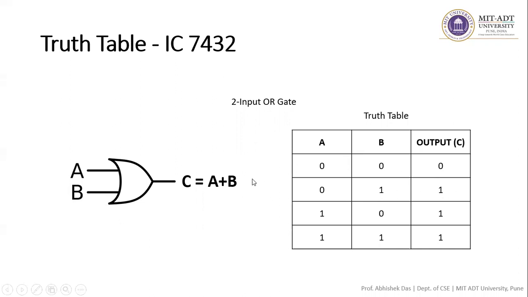Over here we are simply adding the two inputs. So 0 plus 0 we get 0, 0 plus 1 we get 1, 1 plus 0 we get 1, and 1 plus 1 we get 1. So it is again a two input OR gate, where we have two inputs, A and B, and C as output, right?